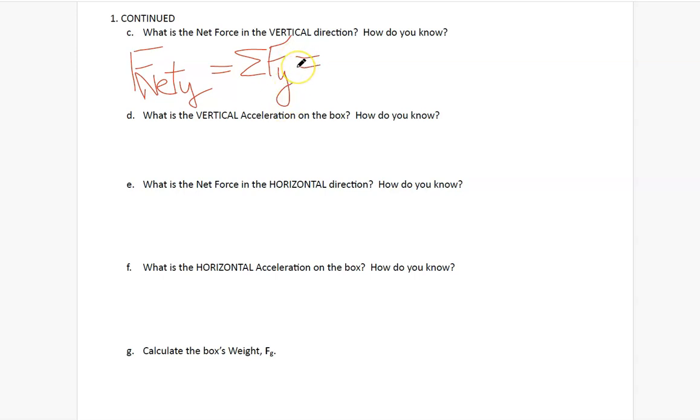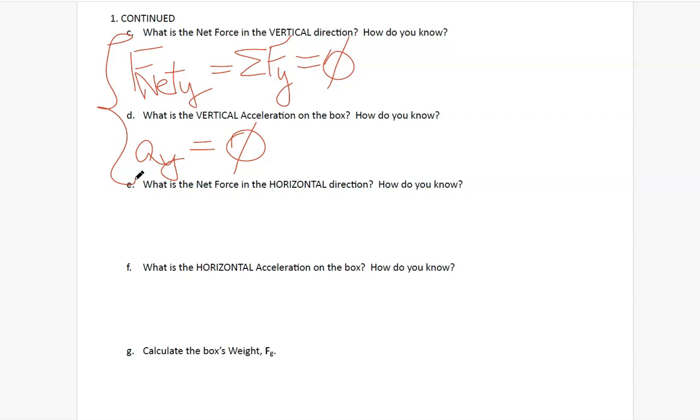We know the box is not accelerating up in the air or accelerating down through the ground, so we know there's no acceleration vertically, so there's no net force vertically. What's the vertical acceleration on the box? Well, we'll call it acceleration sub y. We know that's 0. These two go hand in hand. If one is 0, the other is 0.